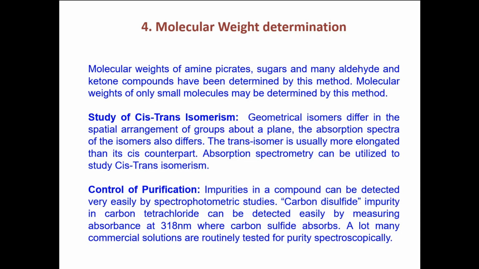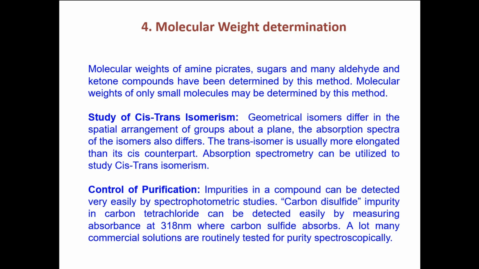So this is one form and this is another form, which we call cis and trans. Let me tell you what is cis and what is trans, and how we can identify them.